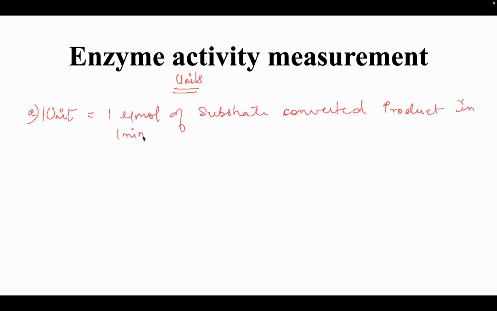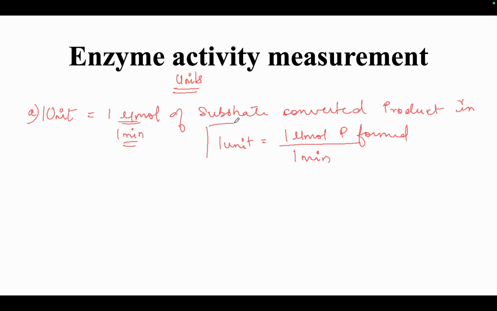This is very important. So 1 unit refers to 1 micromole of substrate getting converted to product in 1 minute. So 1 unit is equal to 1 micromole of product formed in 1 minute.